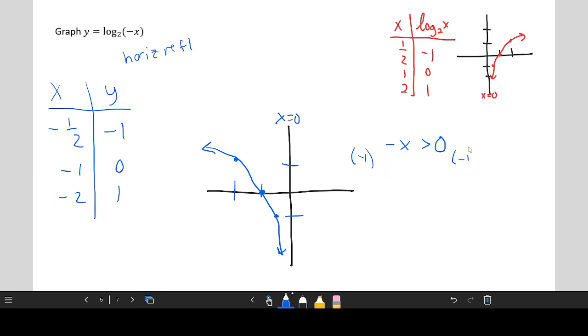And if I multiply both sides by negative 1, I need to change the direction of the sign, because if I'm multiplying or dividing by a negative, you can think about it as dividing by negative 1. That still works. Either way, you get just x. But if you multiply or divide by negative 1, then the sign reverses, and now we can see our domain is all negative real numbers.